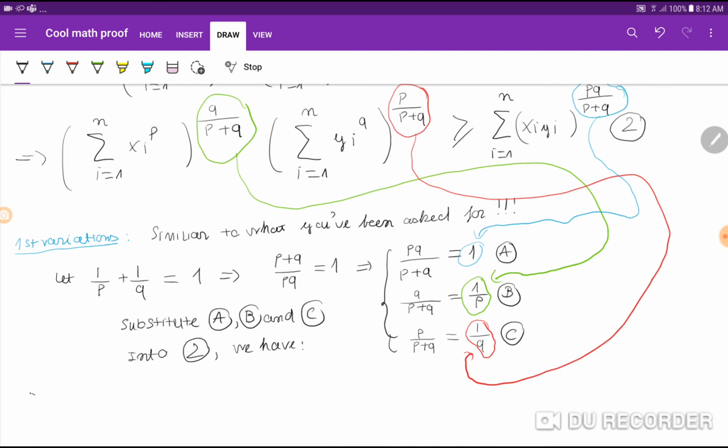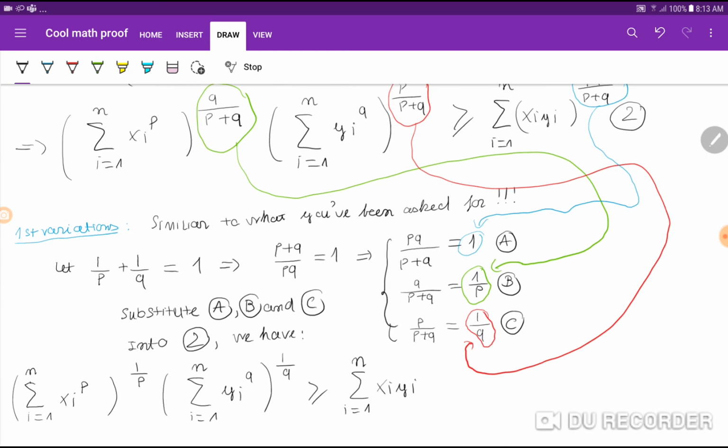So you rewrite them, you have the summation of i equals 1 to n of xi to the power p, to the power 1 over p, times the summation of i equals 1 to n of yi to the power q, to the power 1 over q, greater than or equal to the summation of xi yi from i equals 1 to n.